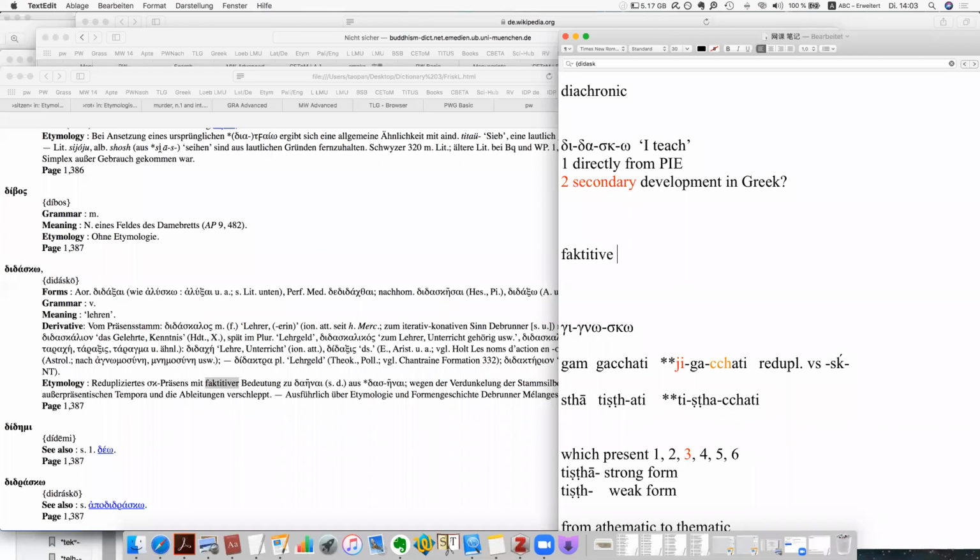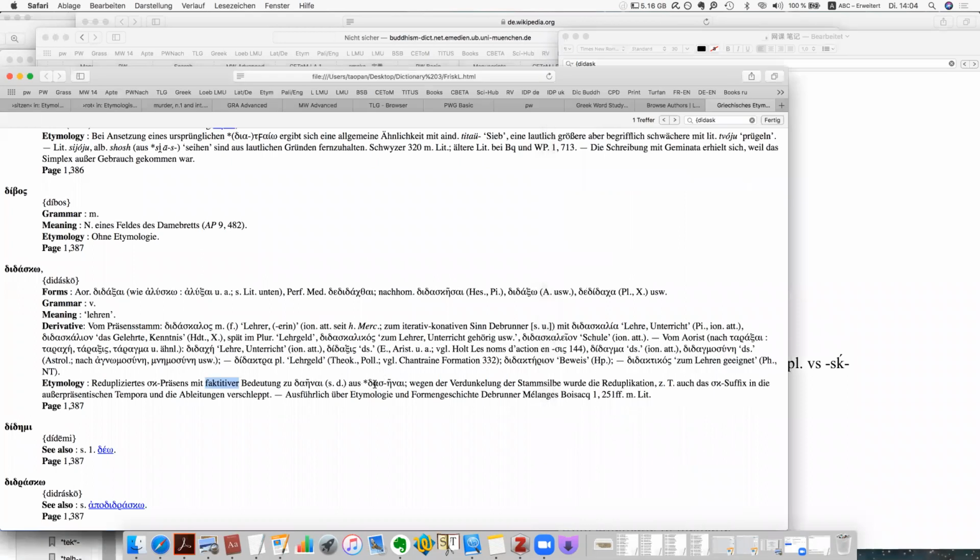What is the meaning of facultative? Yes, correct. It means causative. Causative. Okay, and then the form is called das.